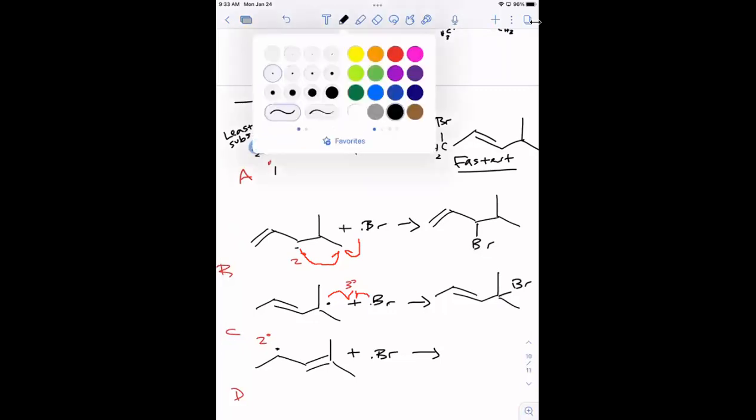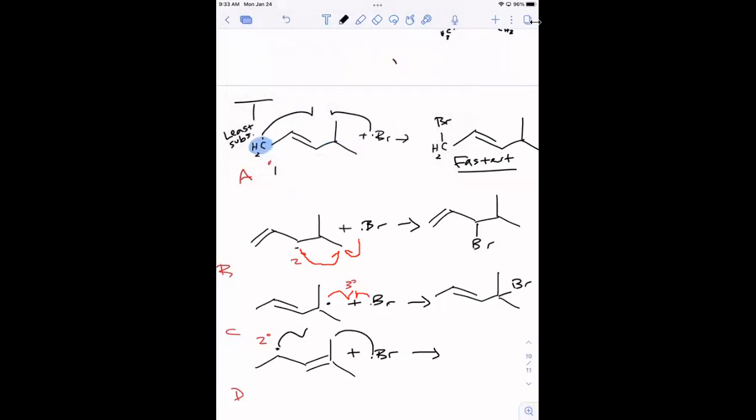So let me put in the arrows for D. We got something for that. Boom here, and then the bromine is here.